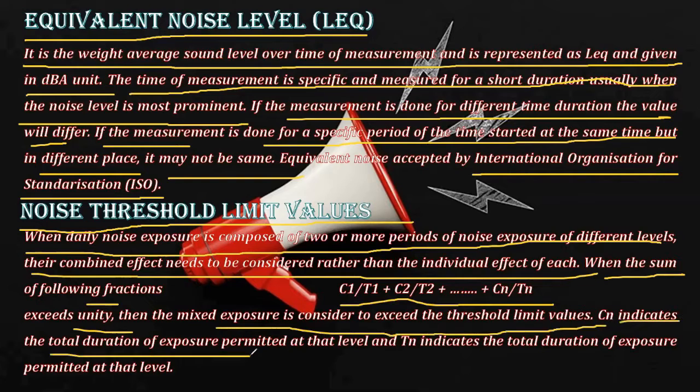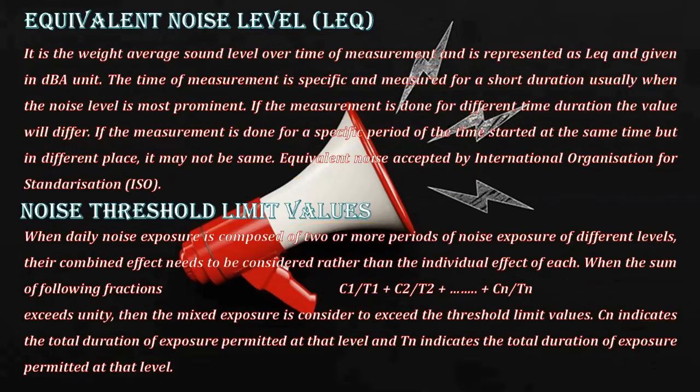Cn indicates the total duration of exposure and Tn indicates the total duration of exposure permitted at that level. So basically, the noise threshold limit value concerns noise which continues for longer periods of time. For that we use this formula, where Cn and Tn have their usual significance, and we do the calculation in that way only.